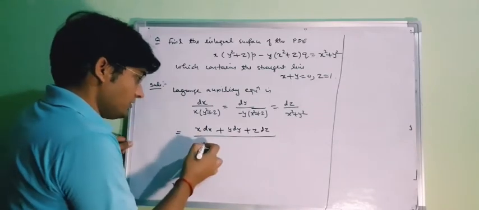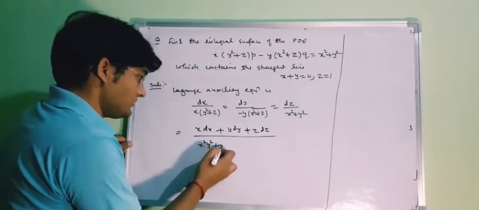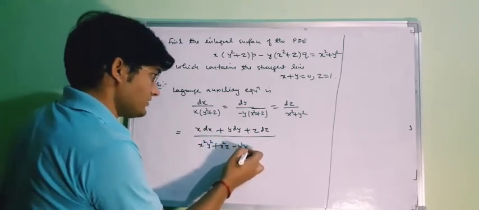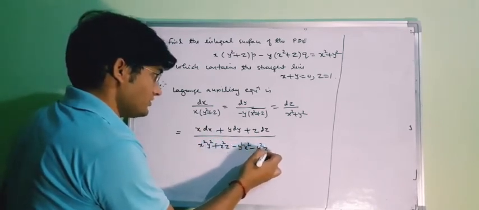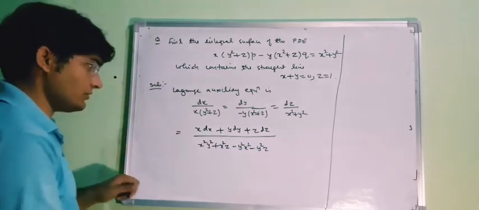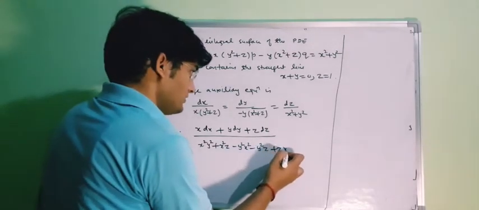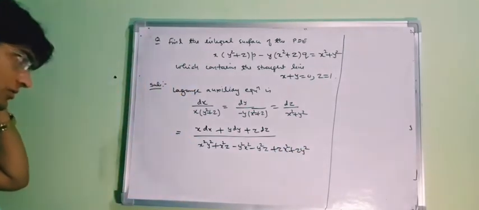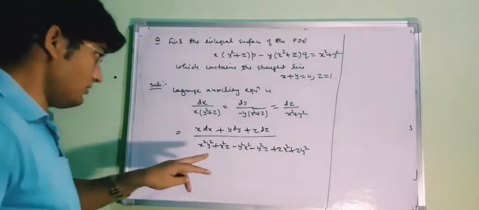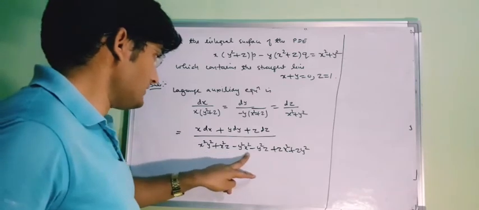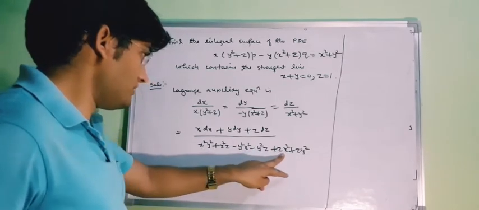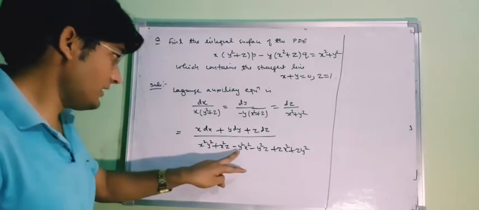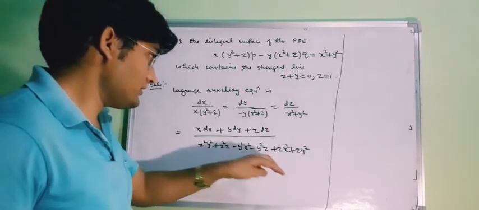So the first term will be x square y square plus x square z. Now the second term will be minus y square x square minus y square z. Now the third term will be z x square plus z y square. Again you can see that this x square y square is cancelled, and y square z is cancelled.